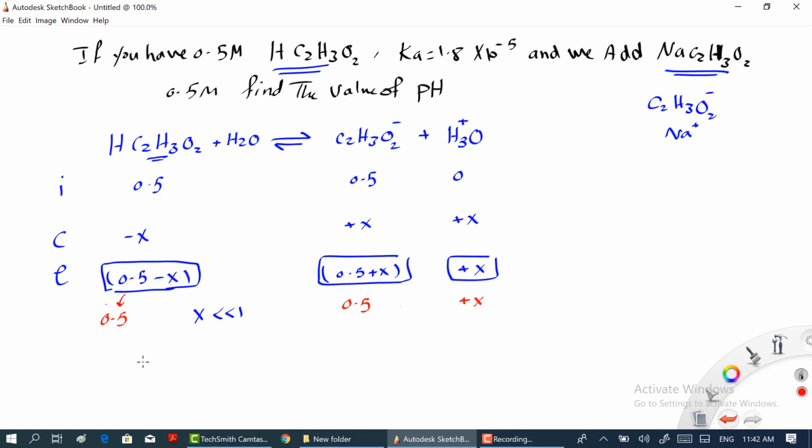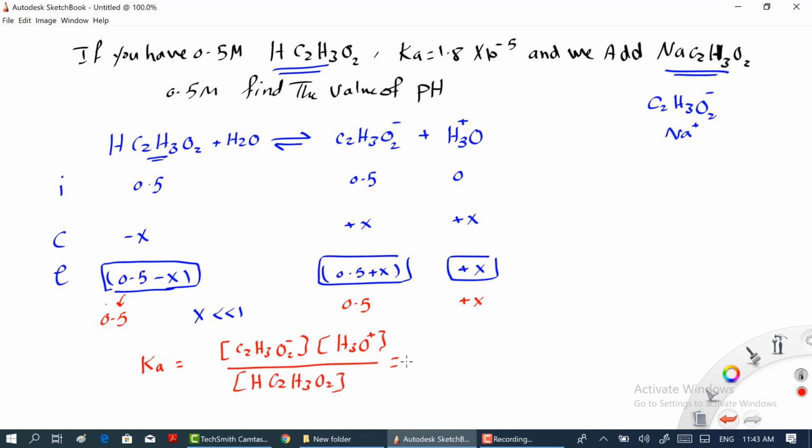Ka equals the concentration of C2H3O2 times H3O over HC2H3O2.